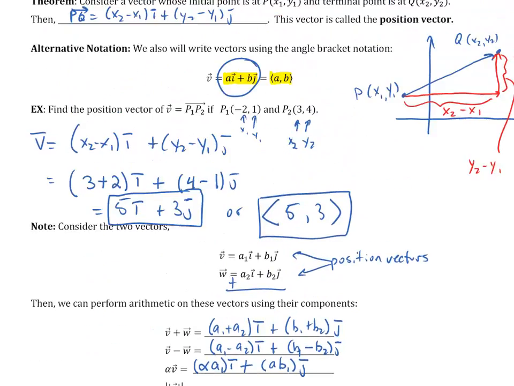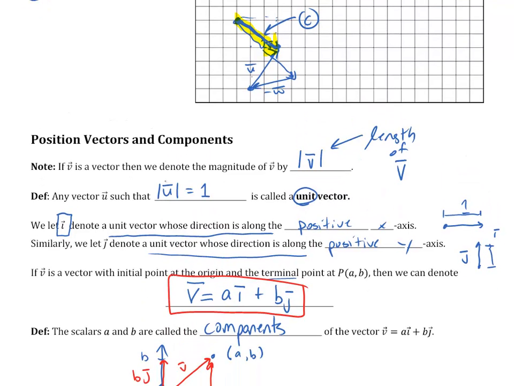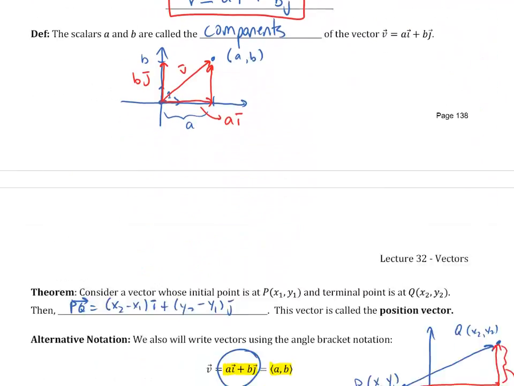Let's flip back to the previous page where I told you that the magnitude of V was absolute value of V. In your homework and in your book, they actually use the double bar notation instead of a single bar notation. So that's what you will see when they ask you for the length of the vector V.